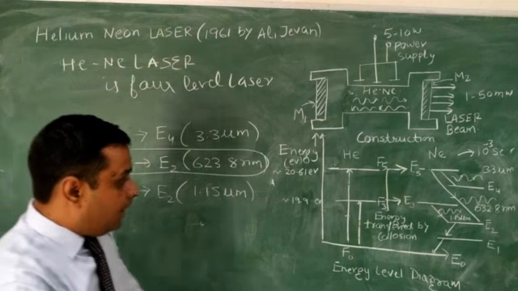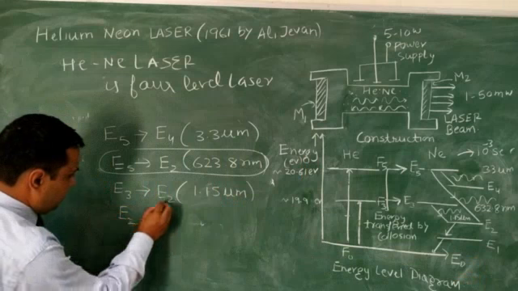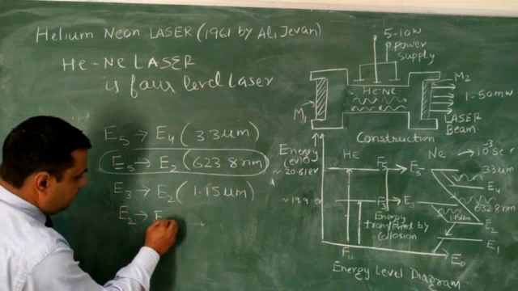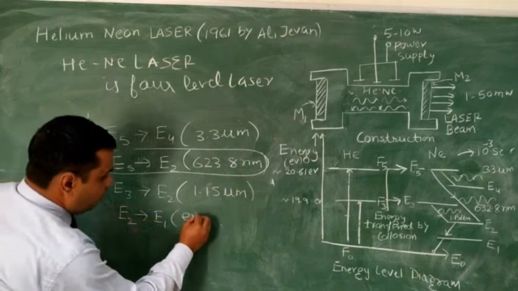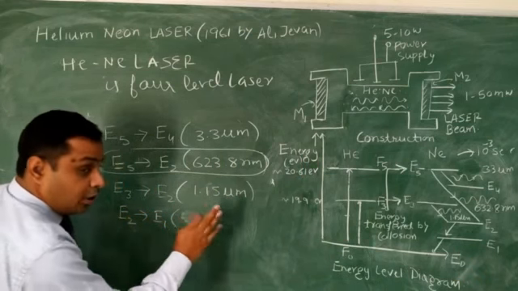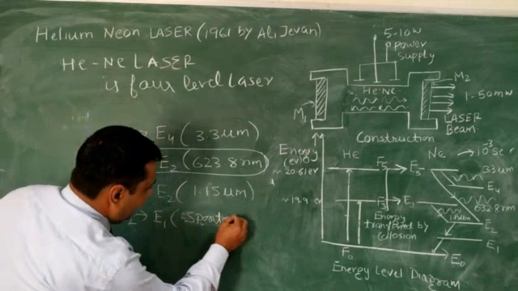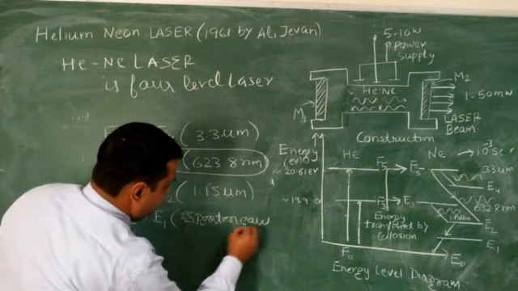From E2 to E1, the neon atom loses the energy through spontaneous emission.